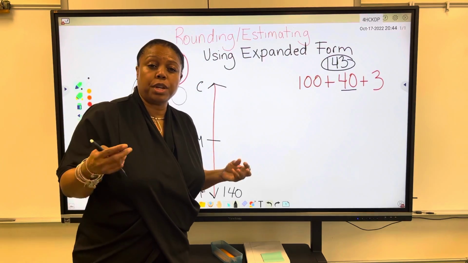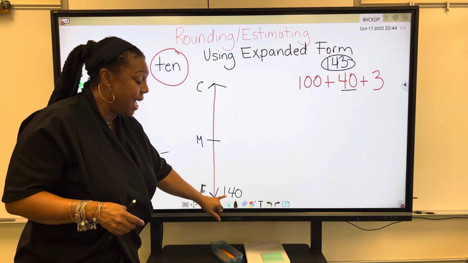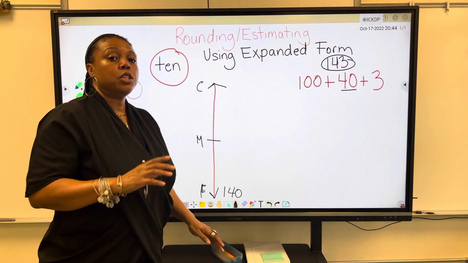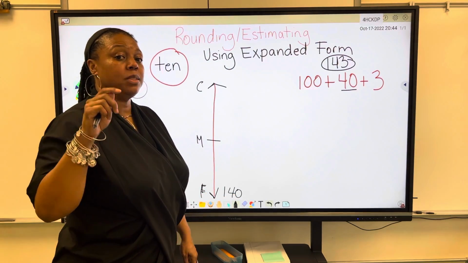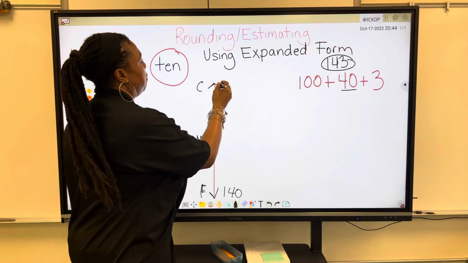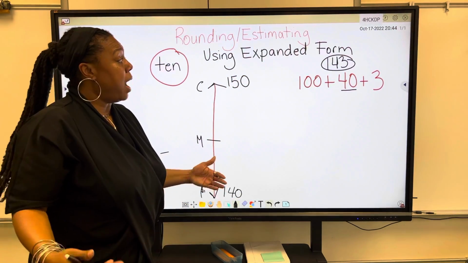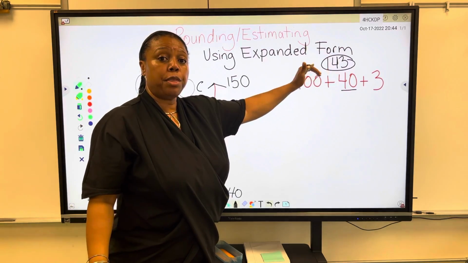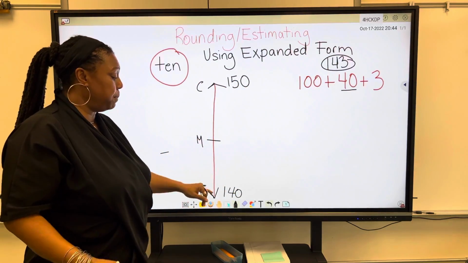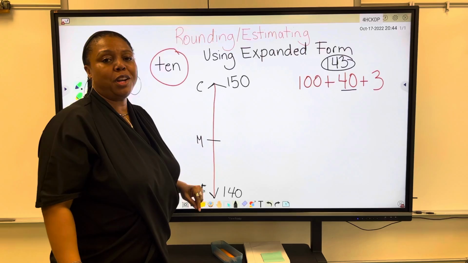So in order to come up with the ceiling, you simply add 10 to 140. So 140 plus 10 is, you guessed it, 150. So that's going to be our ceiling. So now we know that 143 to the nearest 10 is someplace between 140 and 150.